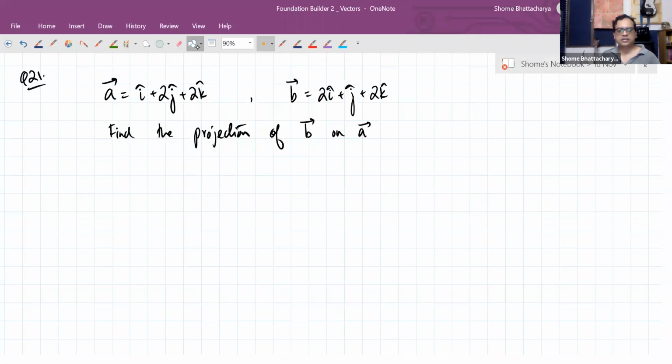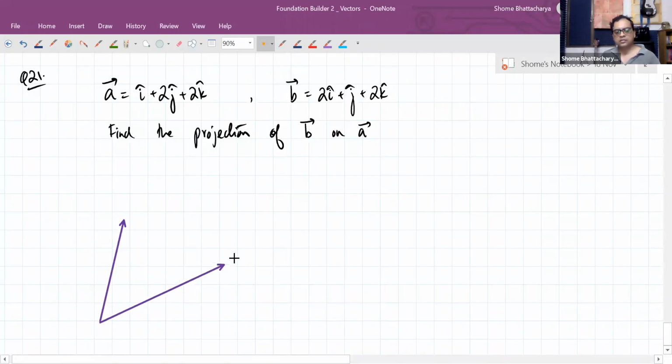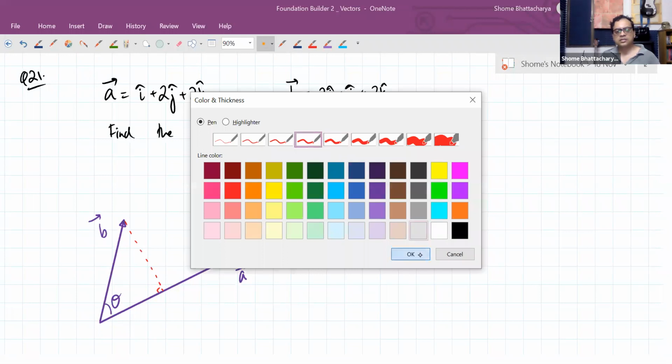This basically means that if, let's say, these are our vectors A and B, some kind of angle theta between them, then when we drop a perpendicular from B's head onto A's direction, then the component that this cuts, this is nothing but the projection of B on A.